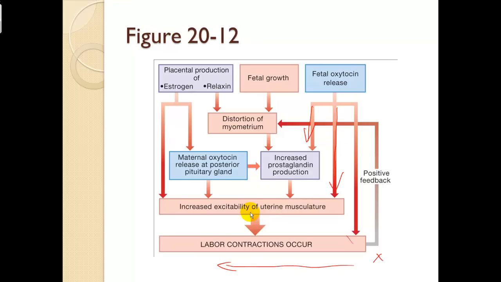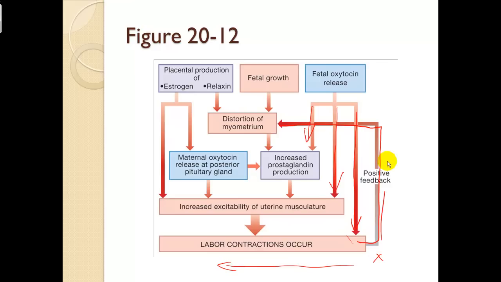It will cause an excitability of the uterine musculature, and this would be the actual uterus itself. And then when the contractions start occurring, this is a positive feedback system. Now, the positive feedback system essentially reinforces the initial thought. So once this begins, the only way to stop the process is to remove the fetus, very simply.